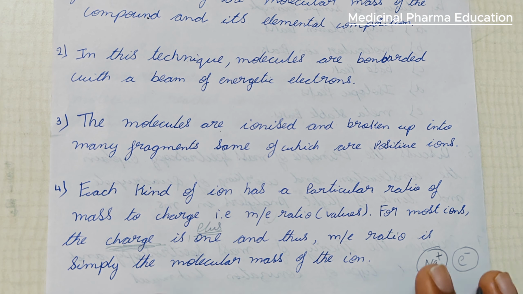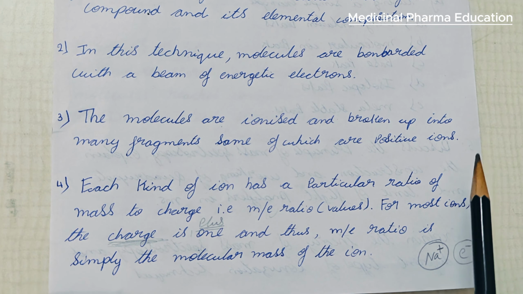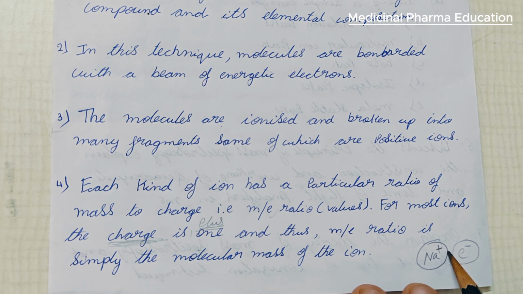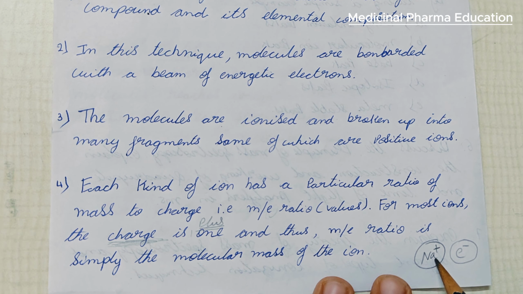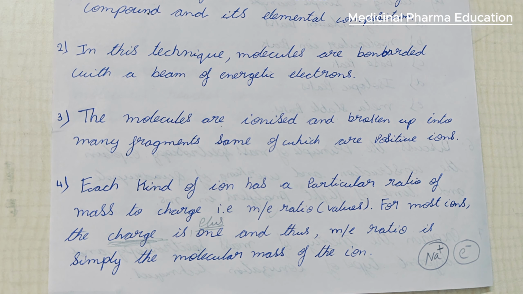Here we are saying that due to loss of an electron, there is a positive charge on the molecular ion. Example, Na+. By removing an electron from sodium, we get Na+. Only positive charges are used to analyze the sample.